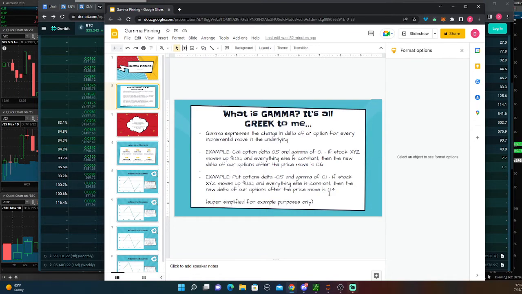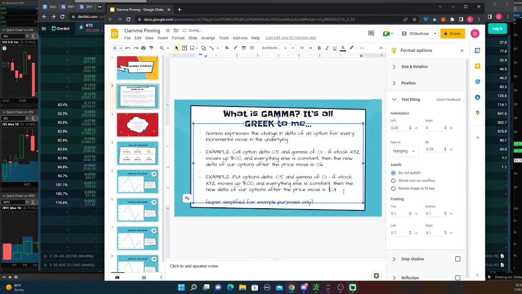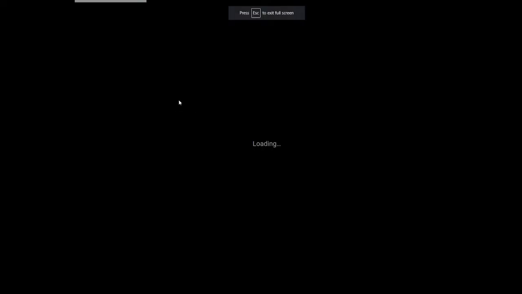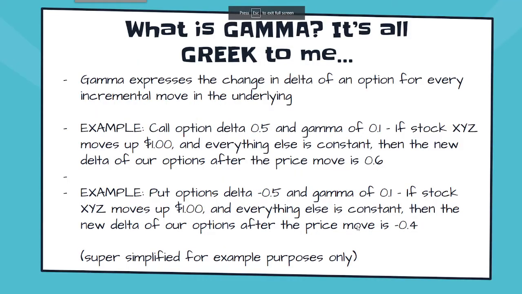Okay, that is now correct. So again, put options have a negative delta. If it goes up, you add 0.1 to negative 0.5 and you get negative 0.4. If it moves down $1, you take negative 0.5 and subtract 0.1 and you get negative 0.6. Is that clear?